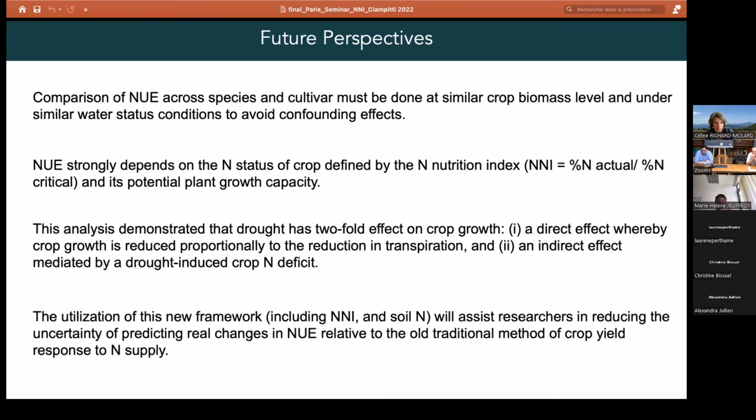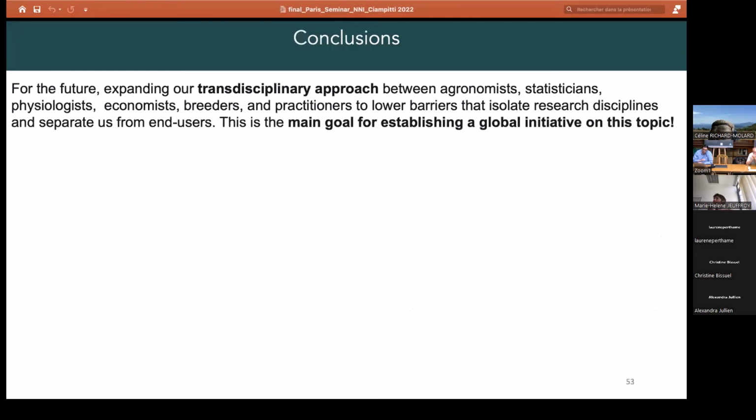And then the summary of our presentation here today is thinking about how we can start moving to this new framework, how we can start working with more people and trying to move away from the old traditional NUE, and thinking about how we can integrate NNI and soil nitrogen as another factor in the decision support tools. From my opinion, this is what we need to do, and this is one of the efforts that we're trying to conduct, and the purpose of this trip is really thinking about a transdisciplinary approach.